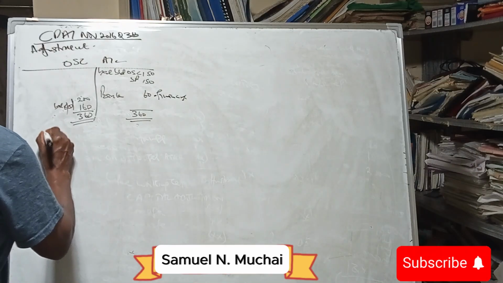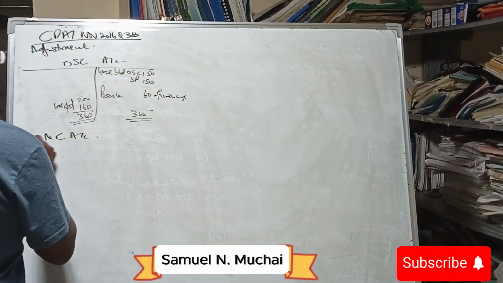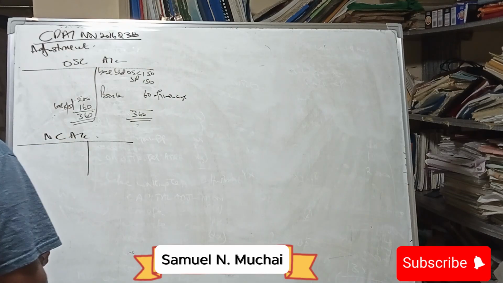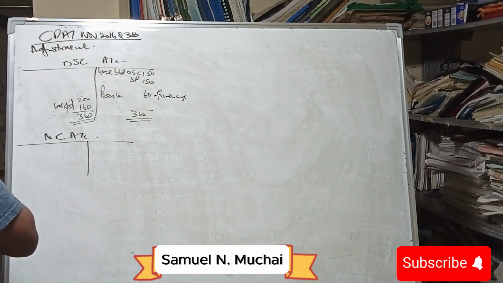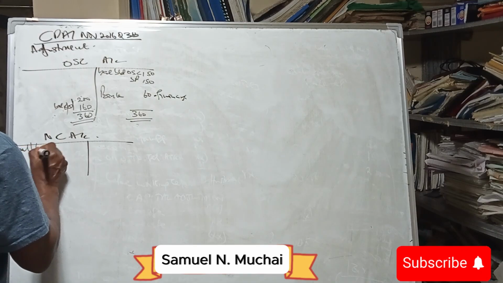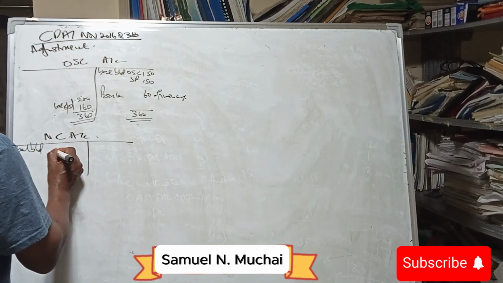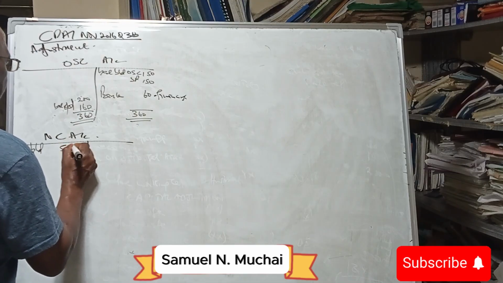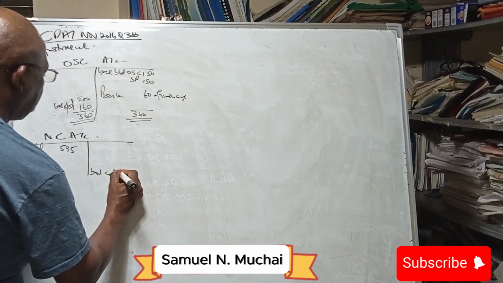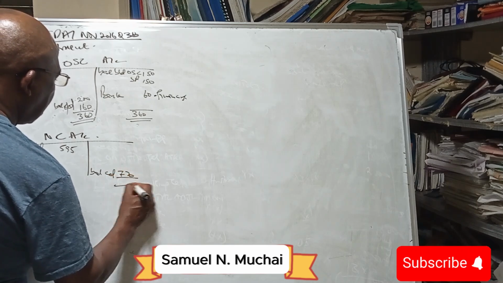So we say NCA. Remember, these are workings. You don't need to waste a lot of time capturing details in full. NCA, if you look at additional information number 4, we are told the balance brought down is 595, and balance carried down is 720.